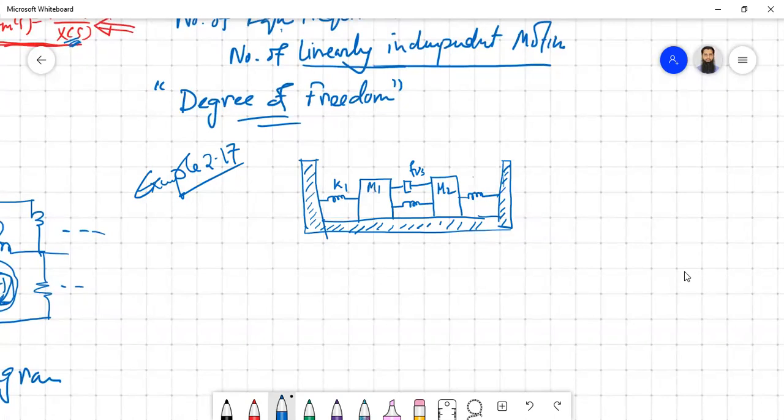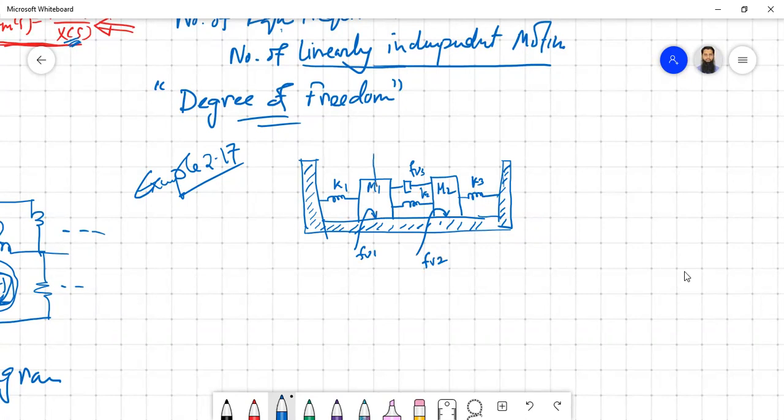This is K3. This is K2. Then you also have two more frictions, the friction between M1 and this surface, which is called FV1, and also this one, FV2. Okay, so this is your mechanical system.